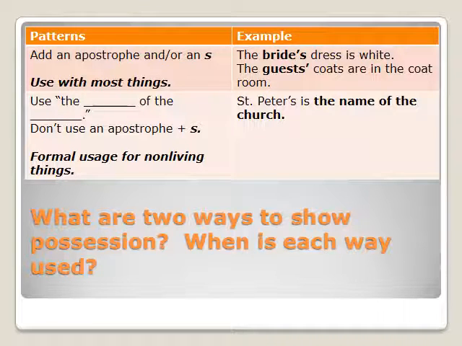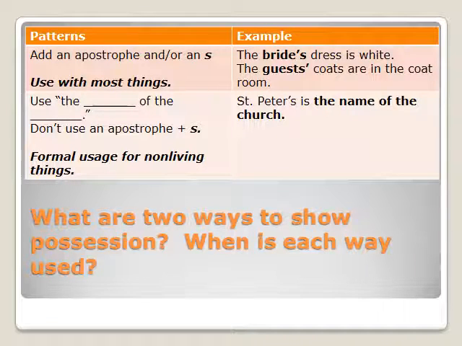The other way that we can do it, and this is one of the problems that ESL students have, especially Spanish speakers, is they overuse the second way. So in the second way, we have the and then of the something. So an example is St. Peter's is the name of the church.